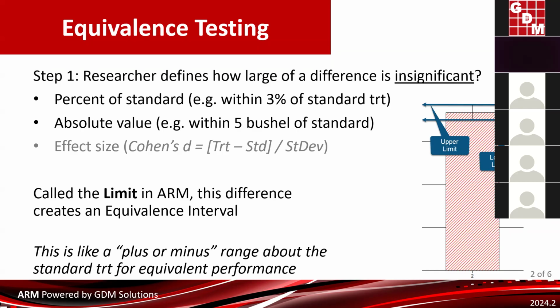It's really what's the size that someone would look at between these two products and say, oh, those are basically the same. And really that's creating this limit, this upper and lower bound on that standard treatment that we're trying to target, that we're hoping our product will land within that range. And if it does, then we can make a claim about the equivalence.